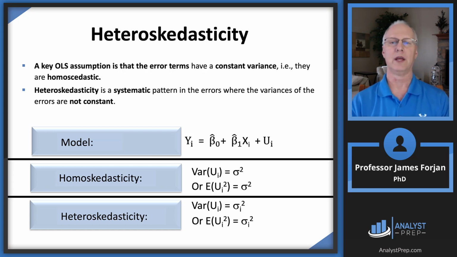Heteroskedasticity, on the other hand, is when those error variance terms are not constant. In fact, they're dependent on each individual observation. So look at the bottom right there. That's why I have sigma squared with a subscript.